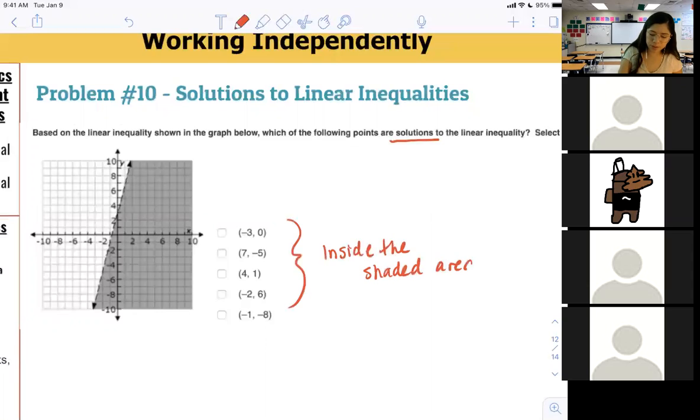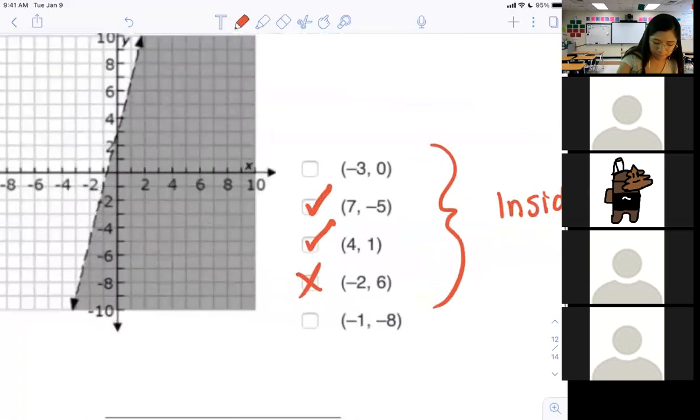So which ones are the only ones? Who can quickly say? 7, -5 and 1, 4. Everything else was, well, actually, hold on. -2, 6. Yeah, that one's also out. -1, -8. It could be, but the 1 is a little out of the shaded area.